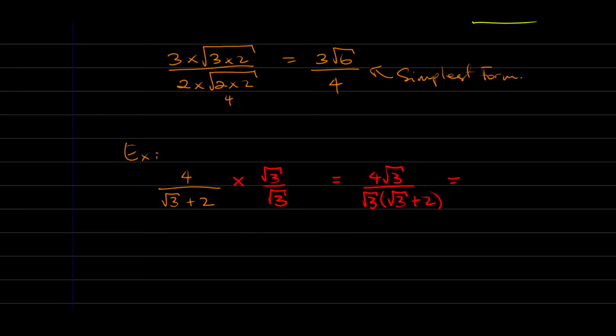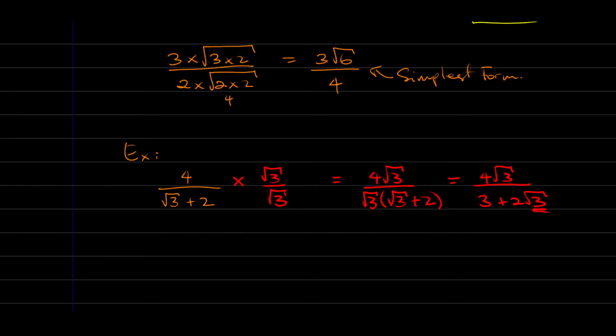You get 4 root of 3 divided by 3, and then plus 2 root of 3. Aha. We still have this root 3 here. That means we can't have it in the simplest form like that. So we're going to have to fix that again.